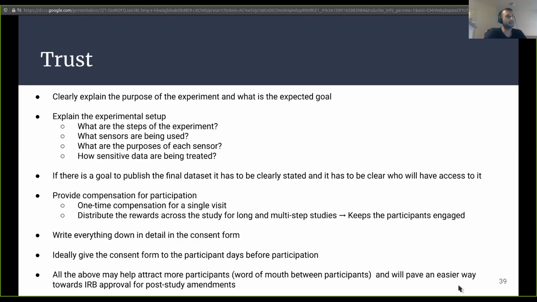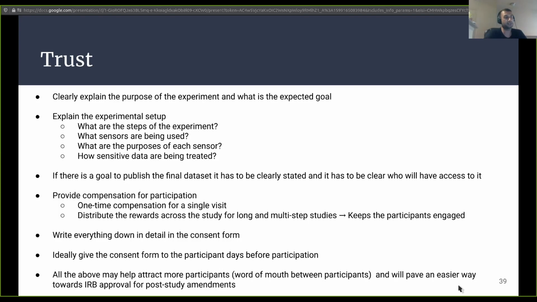So very briefly, in my opinion, it is very important to clearly explain to the participants what the purpose of the study is and what sensors have to be used and in which way. And if there is a goal to publish the data set eventually, how the data are being stored and processed and how you're going to preserve their privacy. These are very important questions that need to be addressed and clearly explained.